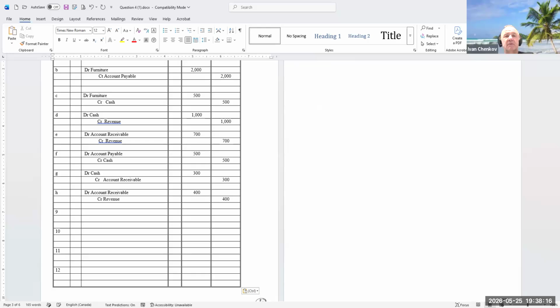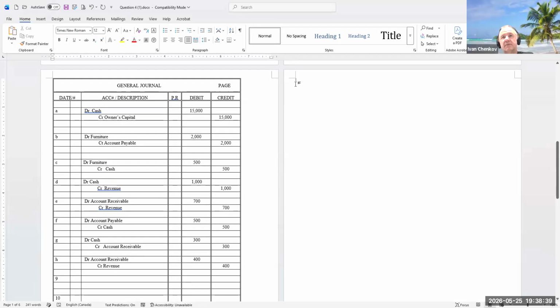The other thing that I'm going to do is, from the Excel spreadsheet, I want you to keep staying on the Excel spreadsheet. From Excel spreadsheets I'm going to get the accounts, the T accounts. You don't have to do that because you have the Excel spreadsheet.